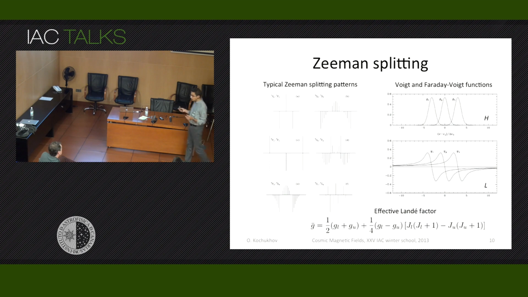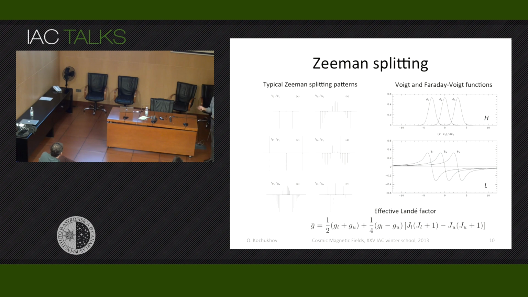In addition to considering individual lambda factors of upper and lower level transitions, it is often useful to define what is known as the effective lambda factor, calculated like this. What it actually tells us is the center of gravity of sigma components relative to lambda 0, relative to the situation of the absence of magnetic field.